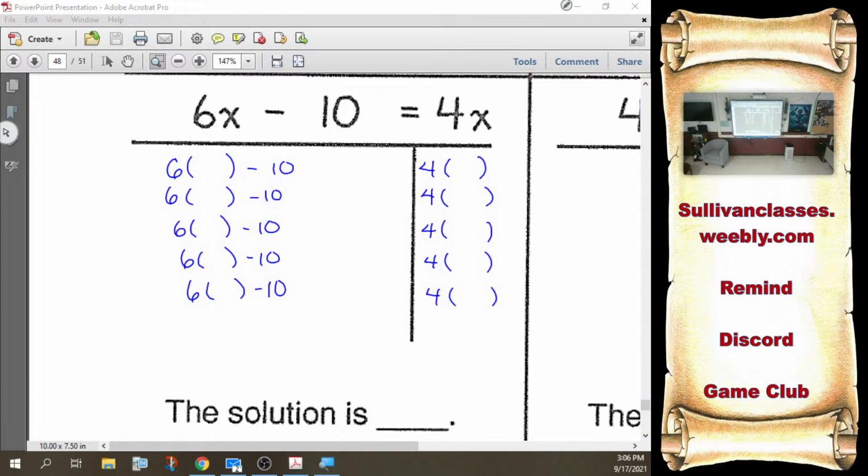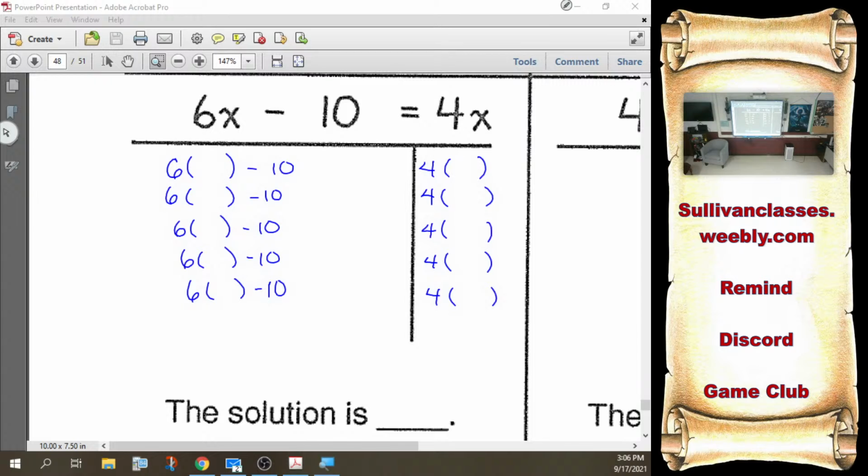You got that? What'd you get? Not 1. Because if I put in 1, I get negative 4 equals positive 4.